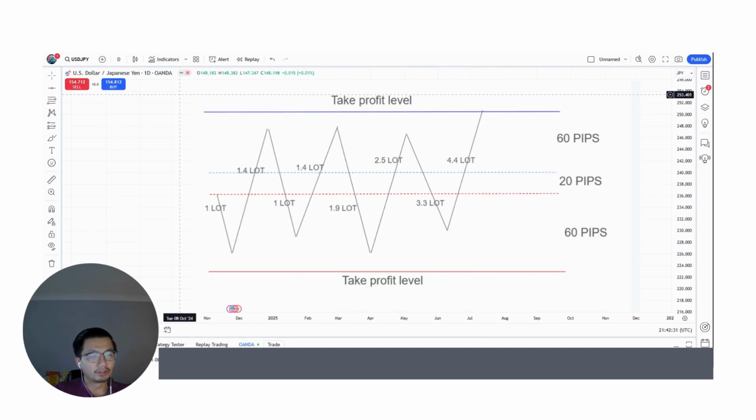You can take a screenshot, pause it, whatever you need to do, and it gives you a guidance of what the gap is supposed to be. 60 pips, 20, 60. So according to your scale, really. And so this is how they hedge it in a very, very simple form.